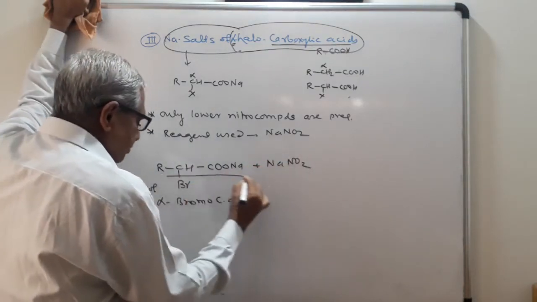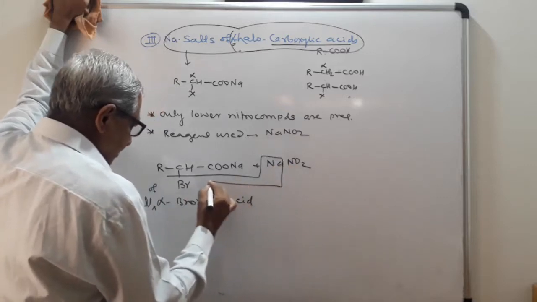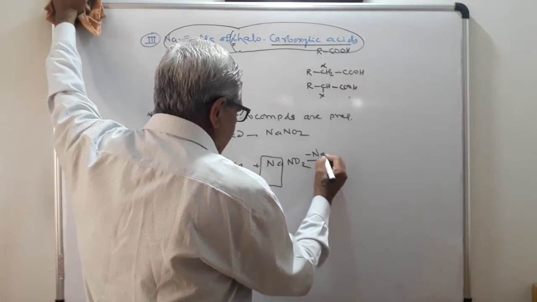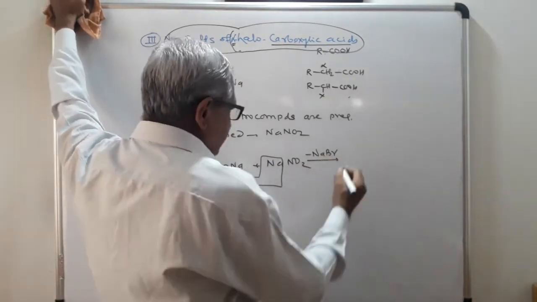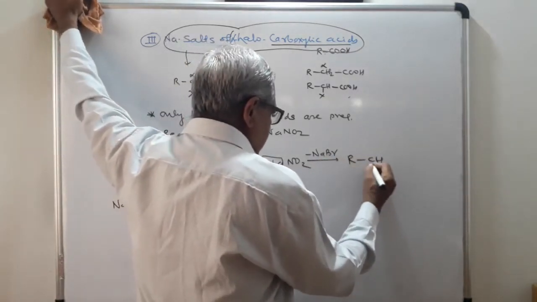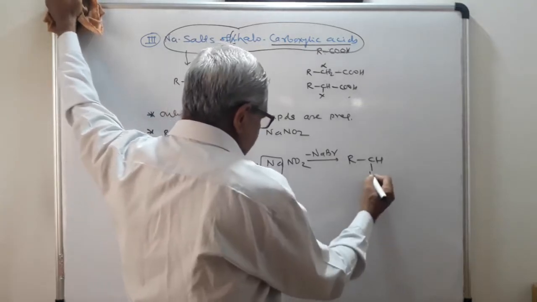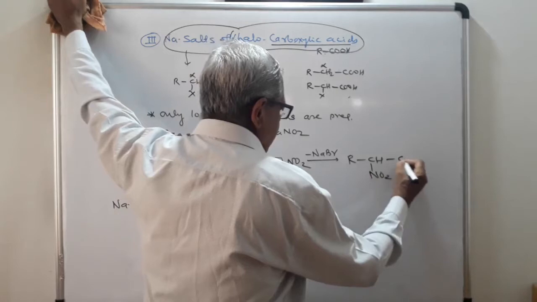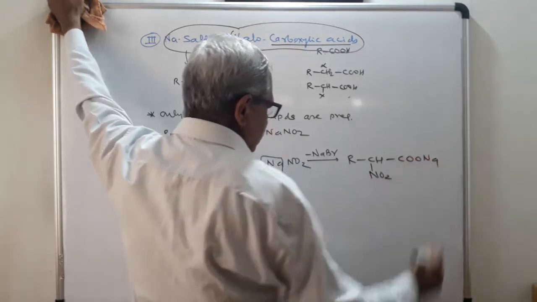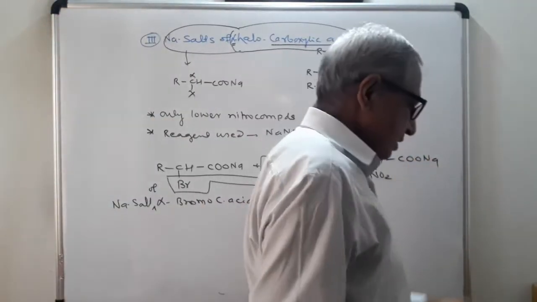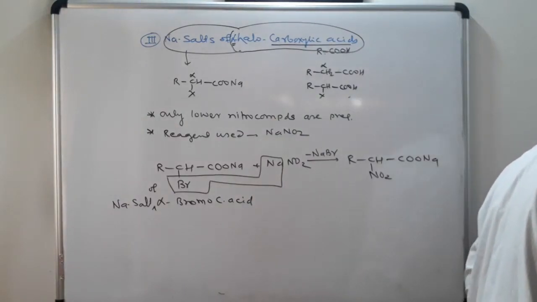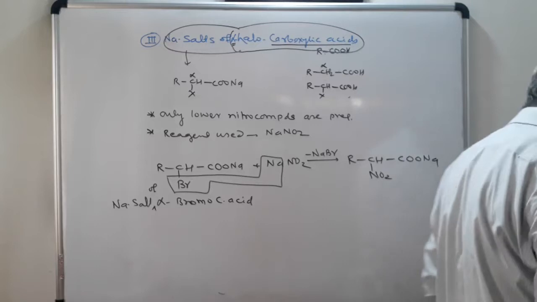You can easily remove NaBr, so I will write here minus NaBr. So you will get the product RCH, which group will be attached here? NO2 group. You will remove the NaBr and you will get COONa, the sodium salt of the alpha nitro acid.